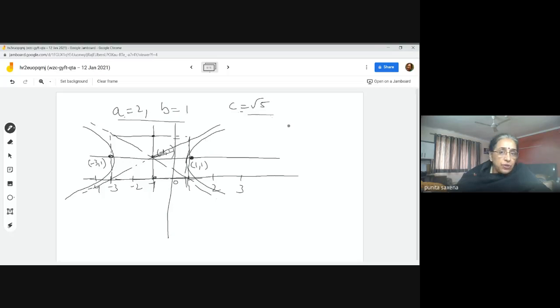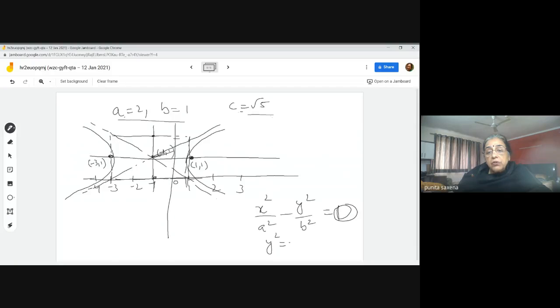So to plot the focus, sometimes the problem can be to write the equations of the 2 asymptotes. Are you getting the point? To write the equations of the 2 asymptotes, the best thing is, see, if you look at this hyperbola, x square by a square minus y square by b square equal to 1, and instead of 1 I equate that to 0, what do you get?